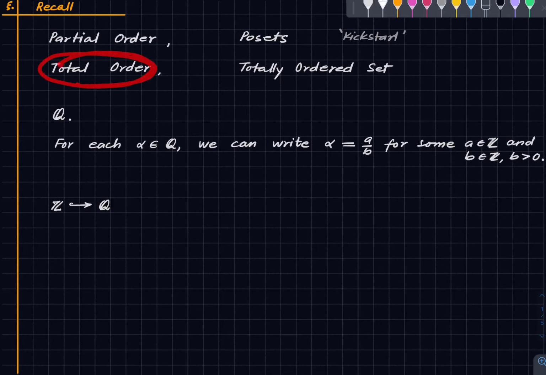Now let me define what a total order is. A total order is a special kind of partial order.